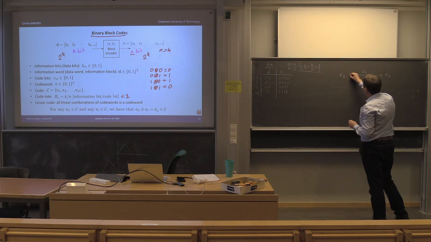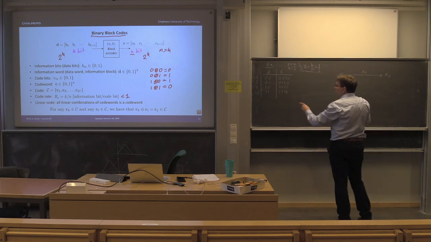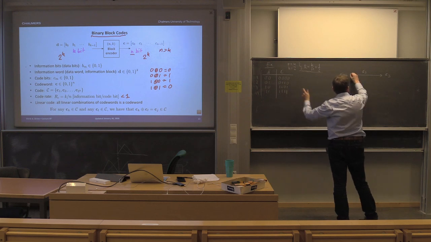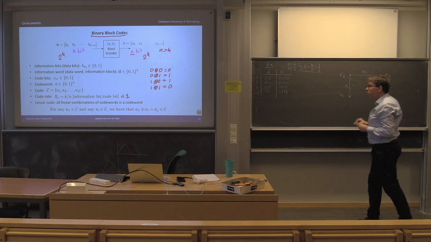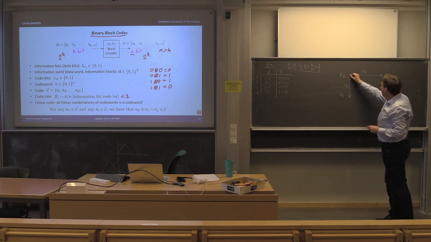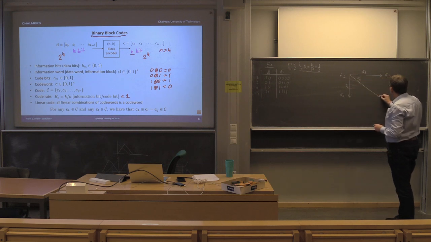And then I can go to C2 by simply adding C2 to this. So we think of these as being vectors, maybe. So this is the origin. I go like this, I get to C3. I go like this, I get to C2. And then if I go across here, C4, then we get this point like this.